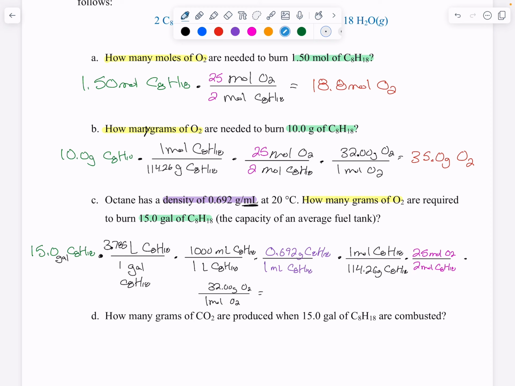And I'm just going to kind of connect this. I do this math. I believe I get 1.38 times 10 to the 5th grams O2. That's a lot of O2.